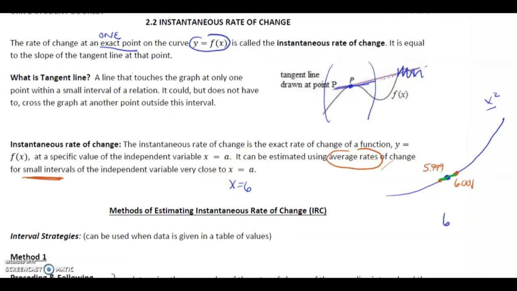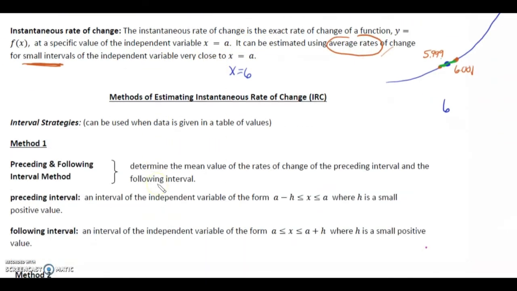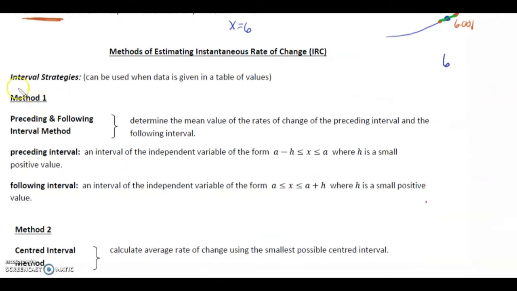So let's talk about methods of estimating the IROC. Interval strategies can be used when data is given in a table of values. There are two different approaches here, depending on whether they give you a table of values or an equation.